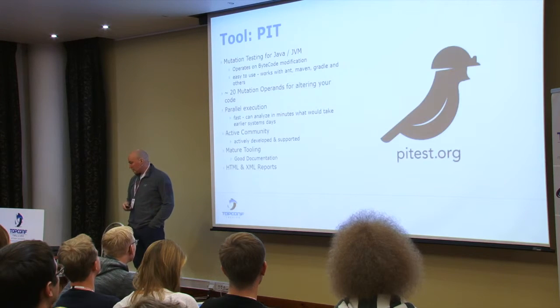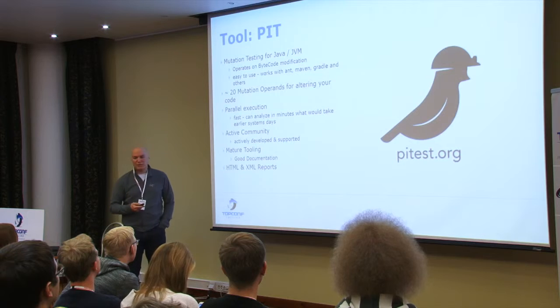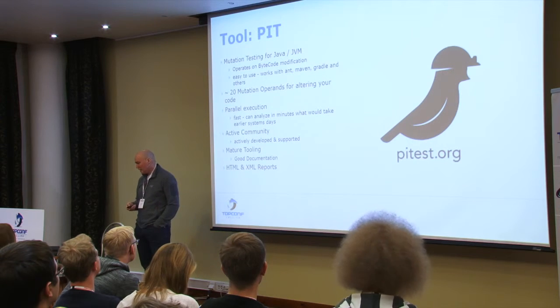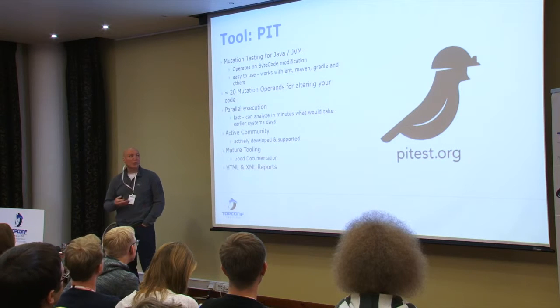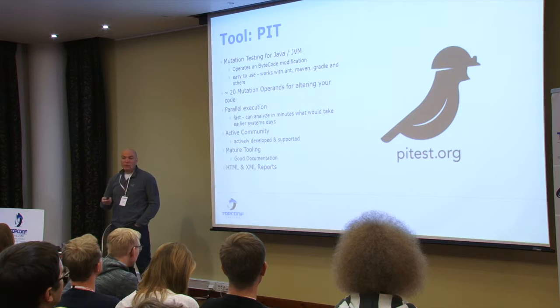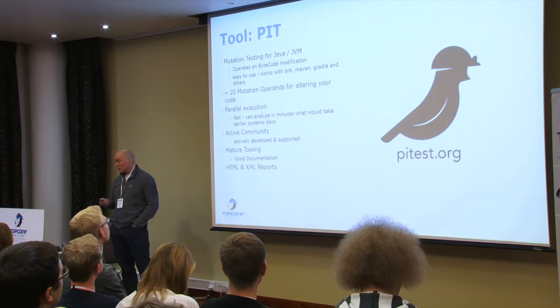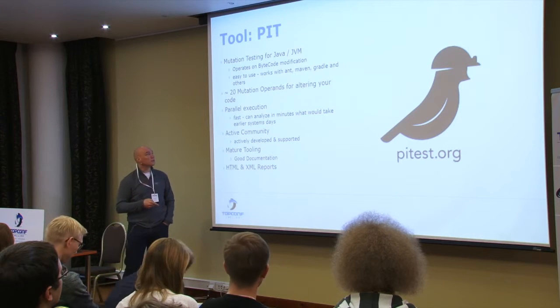So okay, let's look into Pit. Pit, I think, originated from parallel isolated test. It was more a framework for running tests in parallel, but it evolved over time into a mutation testing tool. It operates on bytecode modification, which makes it quite fast. It has integration into common build tools.